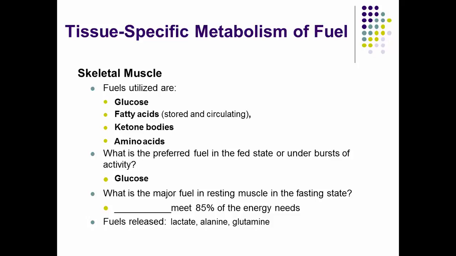Yes, fatty acids. Thank you. So fatty acids are the major fuel for skeletal muscle during resting or fasting conditions, right? And what types of energy fuels can the muscle release to provide to the other tissues?